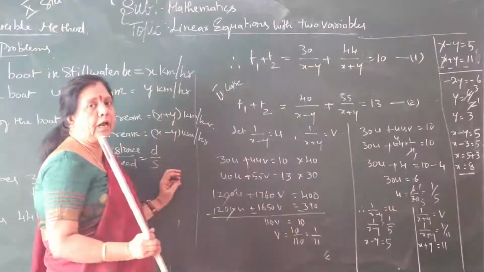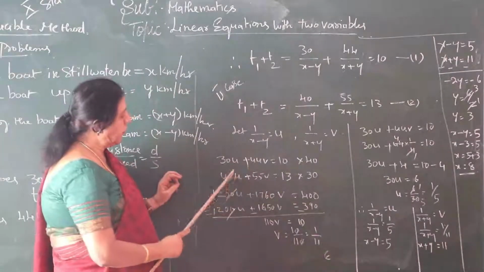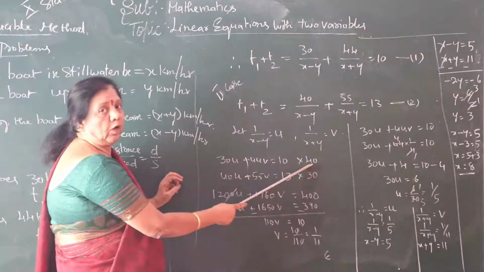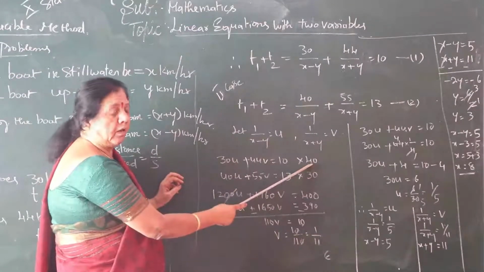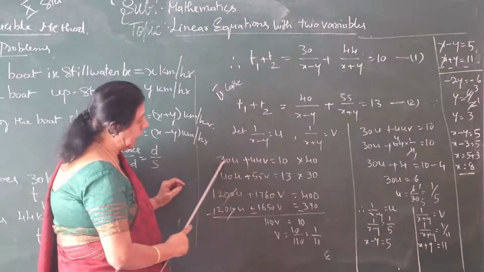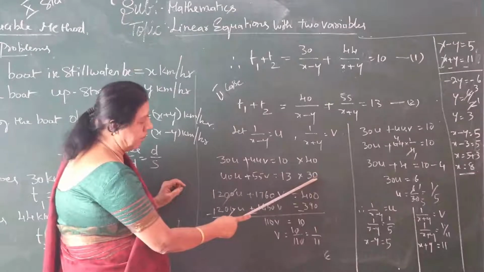In the previous class I taught you: the coefficient of u in the second equation is 40, so multiply the whole first equation by 40, and the coefficient of u in the first equation is 30, so multiply the whole second equation by 30.